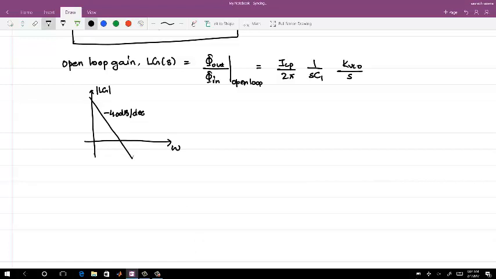And on the same axis, the magnitude of loop gain, and the angle of loop gain is always minus 180 degrees. Everyone gets that, right?